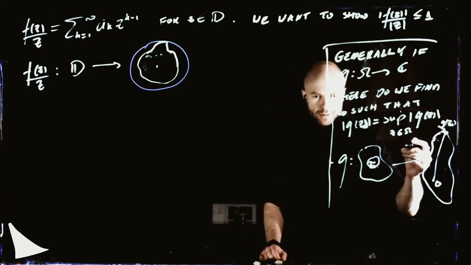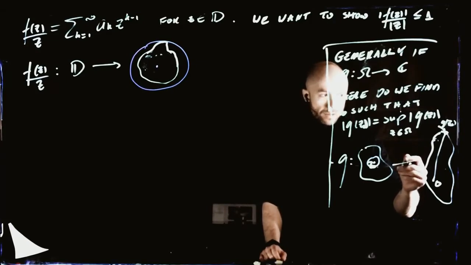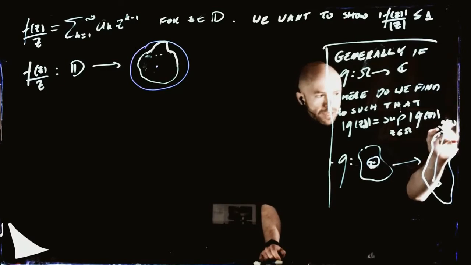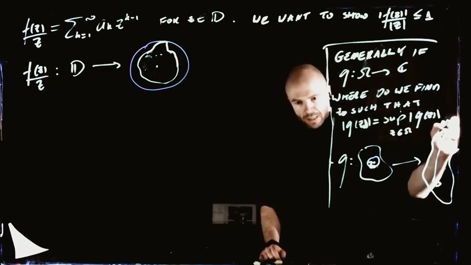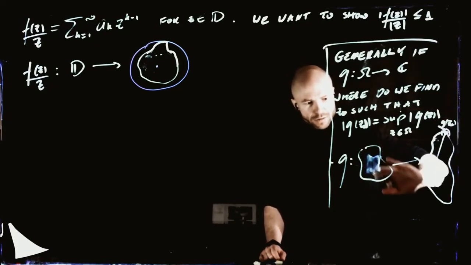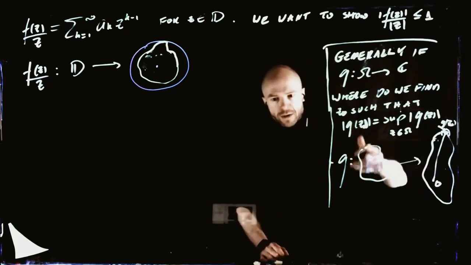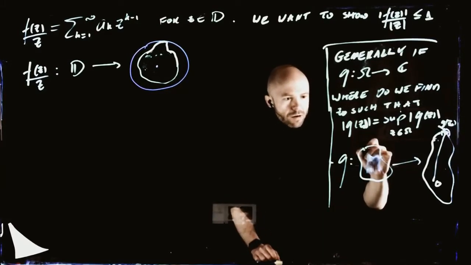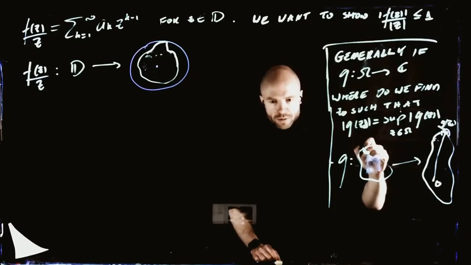We can't have that this guy is on the boundary of the image, because then there would be some little open neighborhood around it where we could make it a little bit bigger. So indeed, there is no z0 inside our domain that maximizes this. It has to occur on the boundary somewhere.